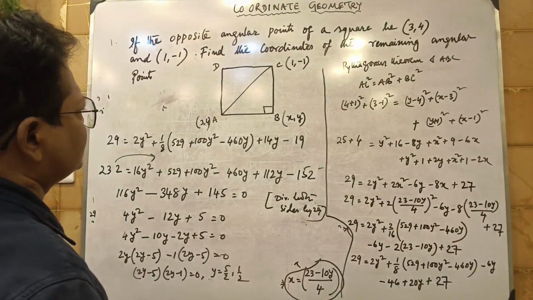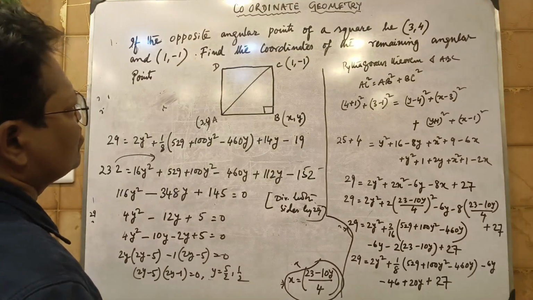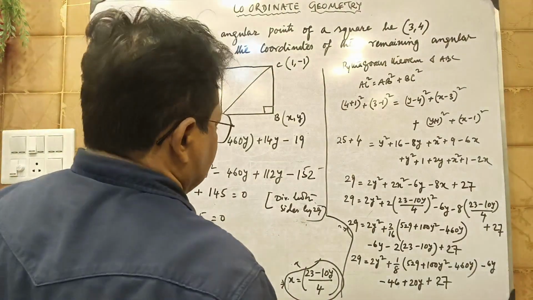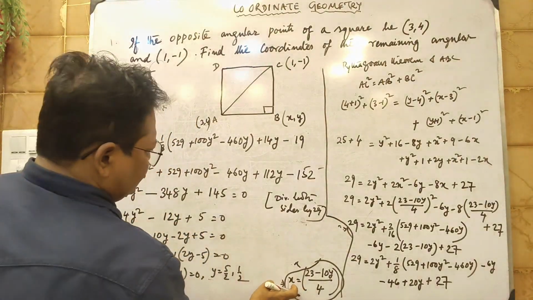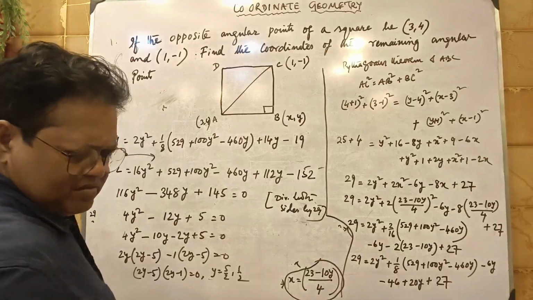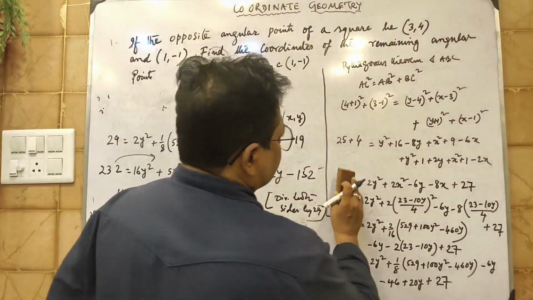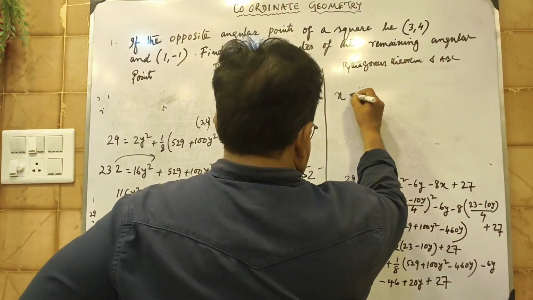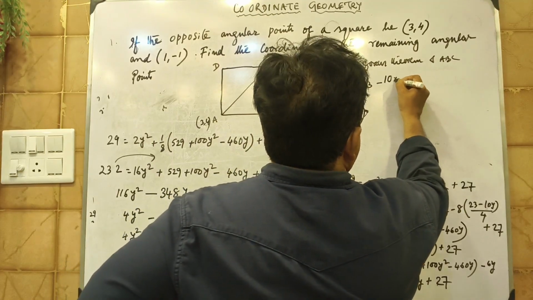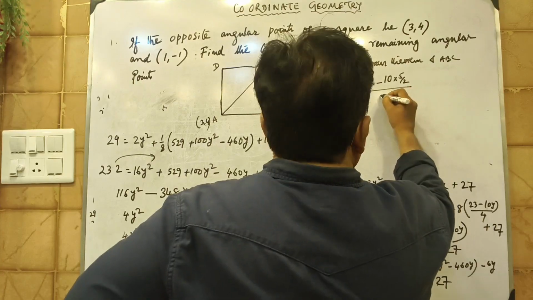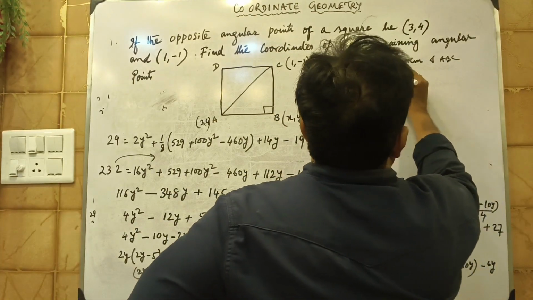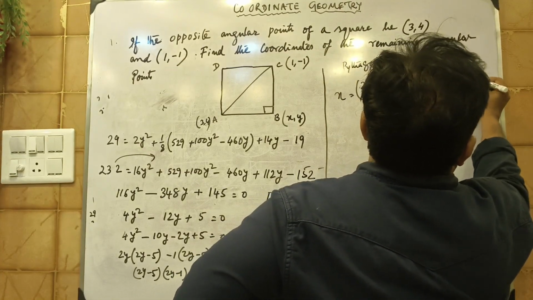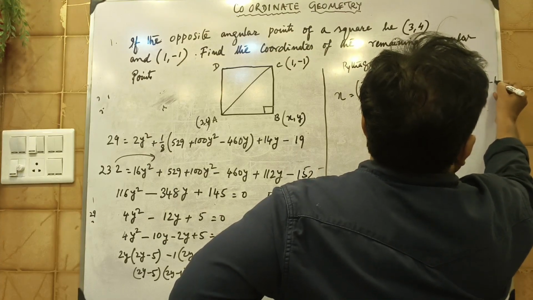So put it in any equation. If we put y equal to 5 by 2, x equal to 23 minus 10 into 5 by 2 by 4, so it will be 23 minus 25 by 4, that is minus 2 by 4, that is minus half.